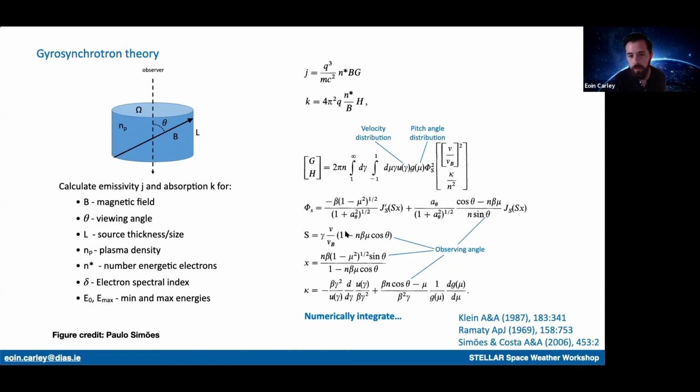We can't go into them all here, but the process is to numerically integrate this, so you know how intense your source is with respect to magnetic field and number of energetic electrons and so on, and that provides a diagnostic of all this.